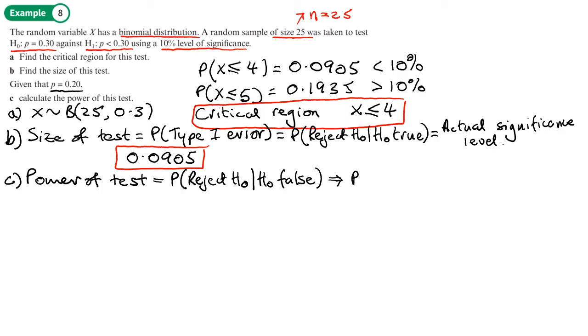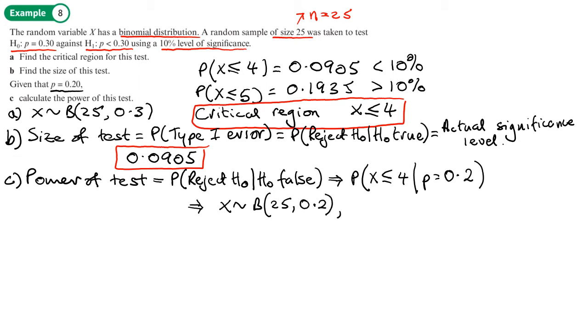since that is the probability of us rejecting H0, which will happen when x is less than 4, given that the probability is now 0.2. So this is fairly straightforward to work out now. So now we've got a binomial distribution, still the same sample size, but our probability is now 0.2, and we want to work out the probability that x is less than or equal to 4.